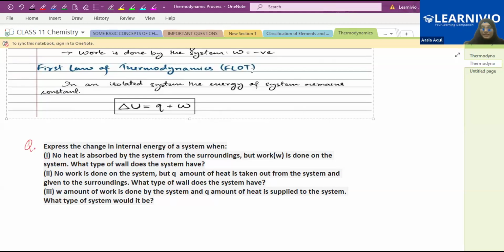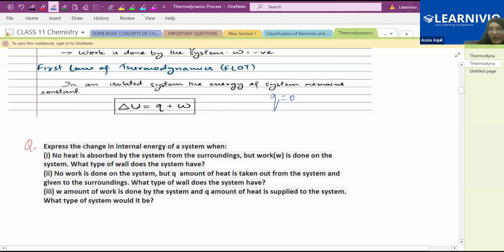So for the isolated system, we know that Q is 0. Isolated system के लिए heat क्या होगा? It becomes 0, and work done W will again be 0. So in this case delta U क्या हो जाएगा? Delta U will be 0. So according to the first law of thermodynamics, in an isolated system the energy of the system remains constant.